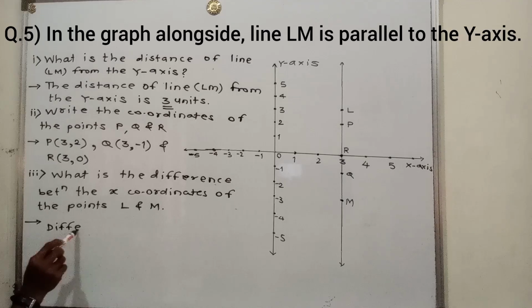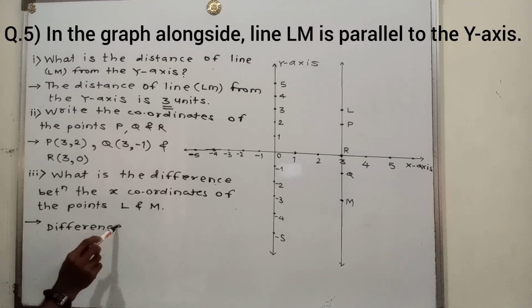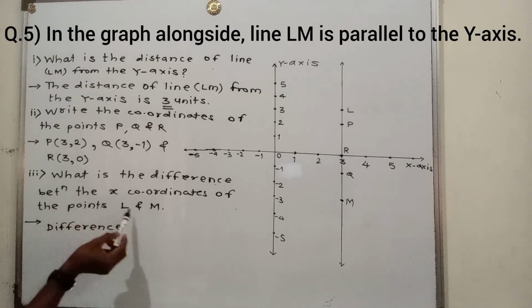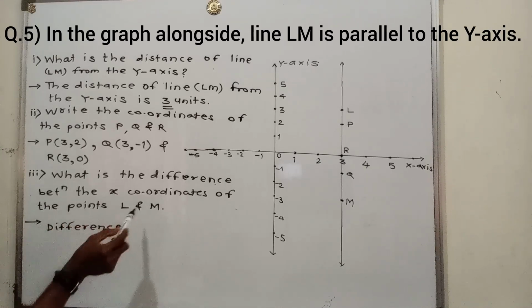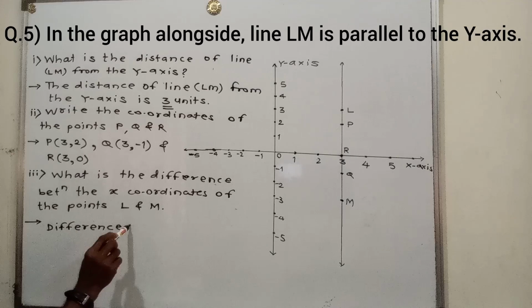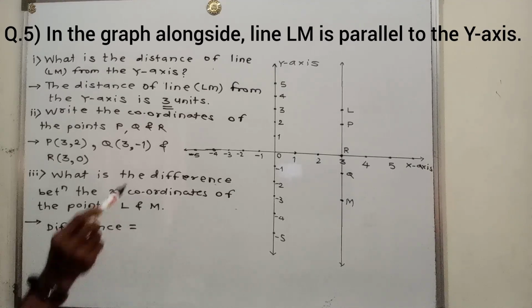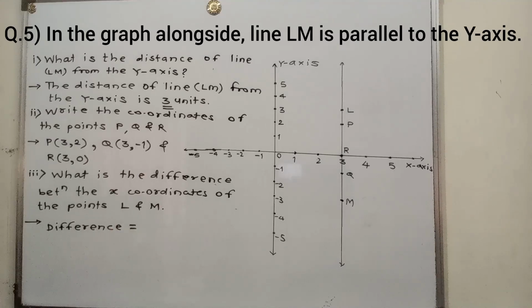Therefore, answer: the difference between the x coordinates of points L and M. Now x coordinates are the same, so 3 minus 3.